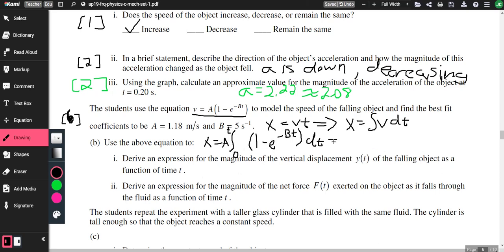An easy way to change this up, you can actually split this into 2 parts. So you're doing the integral of 1 dt from 0 to t minus the integral of e to the negative bt with respect to t from 0 to t.